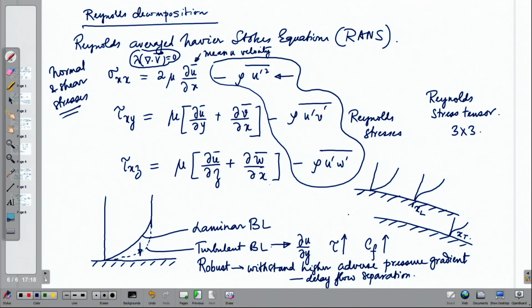Why is it? Because this is the laminar boundary layer and this is the turbulent boundary layer, and you see the turbulent boundary layer has much more momentum closer to the wall, and that is what keeps it going against the adverse pressure gradient and delays the flow separation.